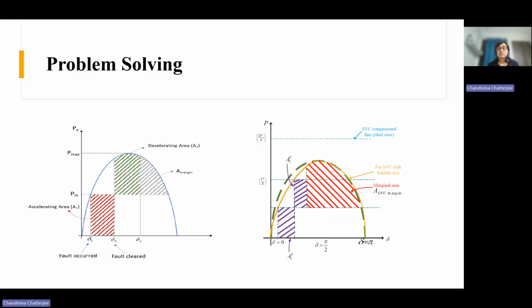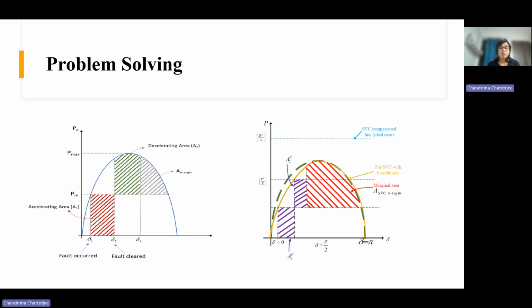Now in a basic power system course, you must have studied about the P delta curve and the equal area criteria. If this is the P delta curve, then the curve looks like this. It gradually rises from 0, reaches its peak, and then again comes back to zero here.